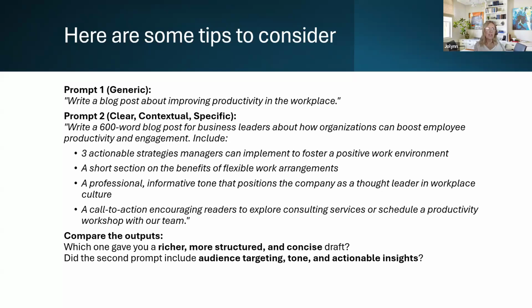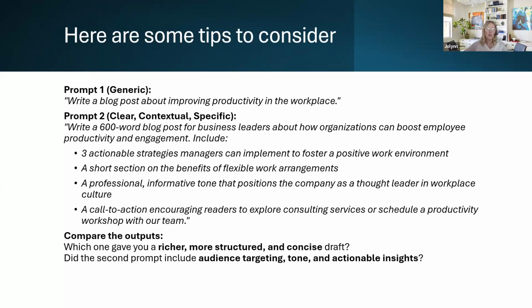If we just put in a generic prompt that basically says, write a blog post about energy efficiency in the business sector, just something very simple like that, or write a blog about improving productivity in the workplace. Whatever your prompt is, did you give it enough information? Did you tailor that prompt to really tell the system what it is that you want?